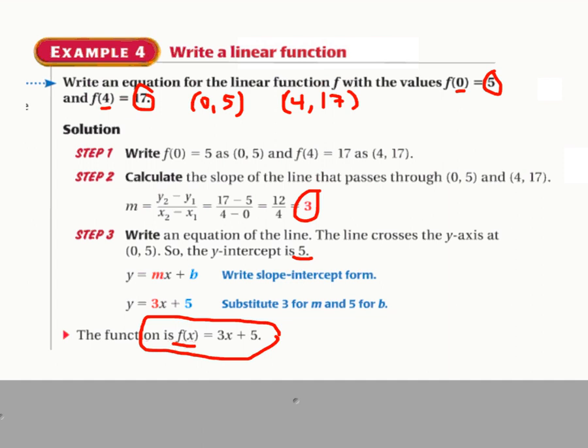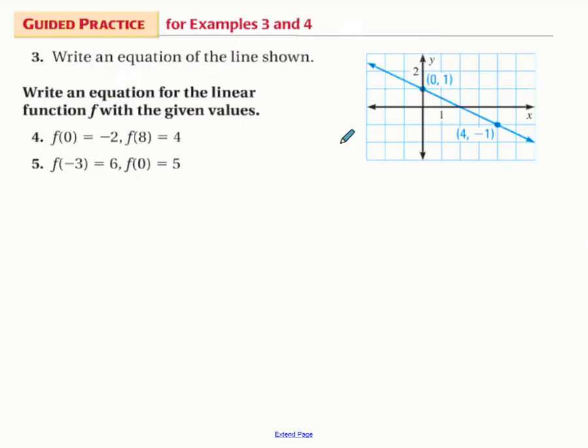All right, let's do one last example. The last example is the same thing as before. It says write an equation of the line shown. Okay, so right off the bat, I am going to think, okay, I've got y equals, my intercept is at +1, and I just have to figure out my slope. So I've given 2 points. I'm going to go between this point and this point.